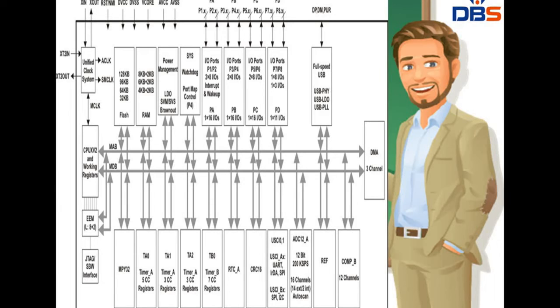So here SVS, supervision, is going to check and supervise how much power is going to be used. The power management module can also integrate a low dropout regulator. An LDO is nothing but a low dropout regulator, which consumes less power.